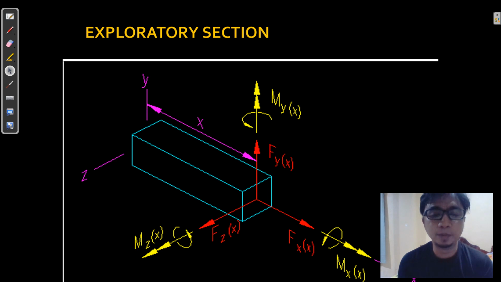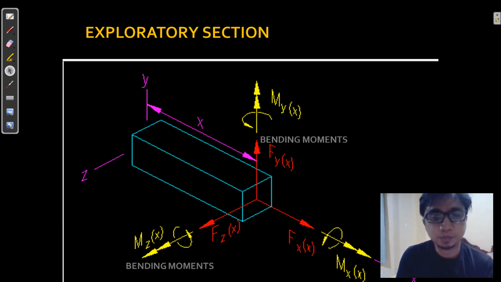And if we apply a couple on that z-axis, it will tend to bend your fiber. So what is the orientation of the bending? On the y-axis, it will bend along the x-axis. And if we have a couple on the z-axis, we have a bending along the y direction. You can see that in the exploratory sections.